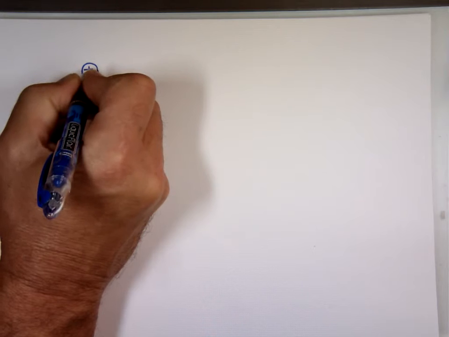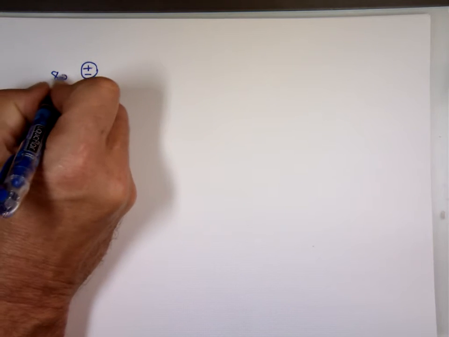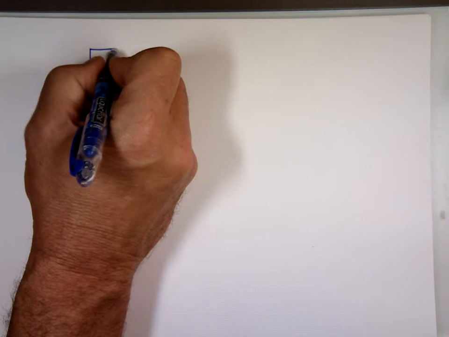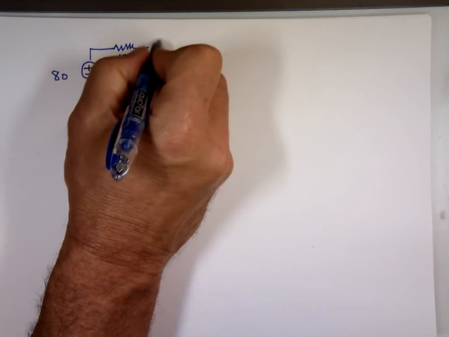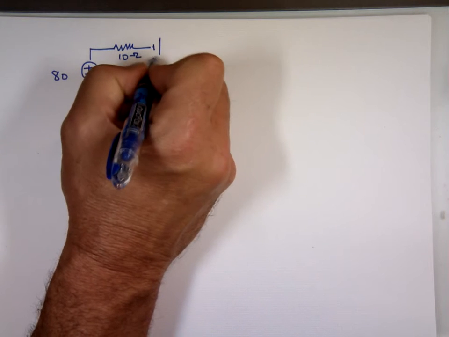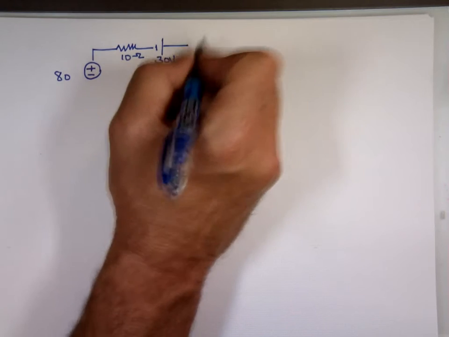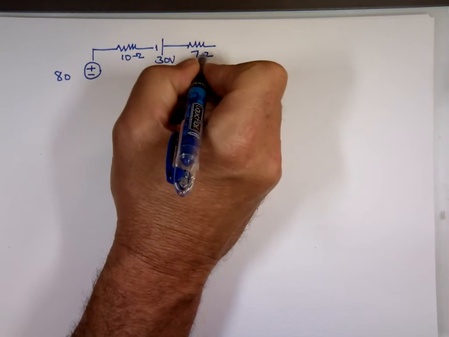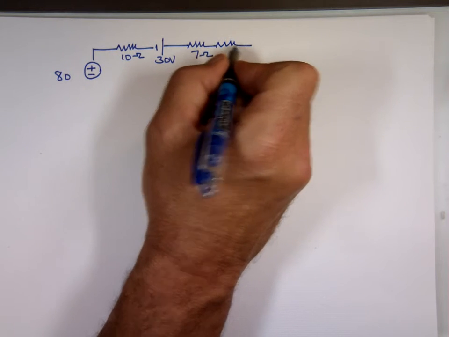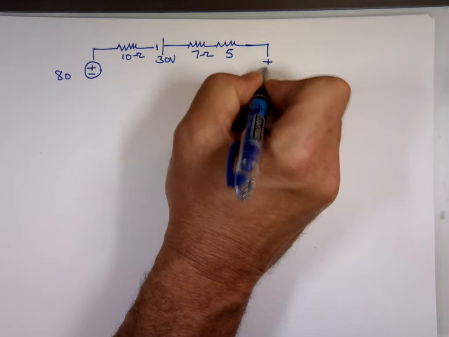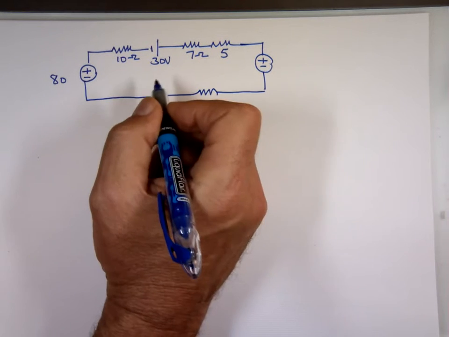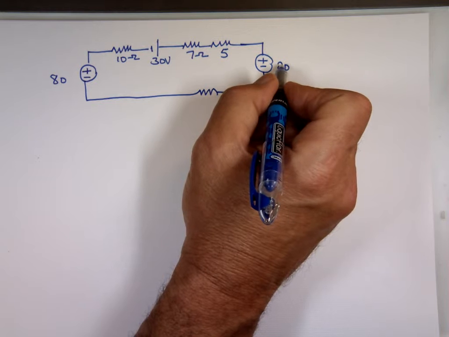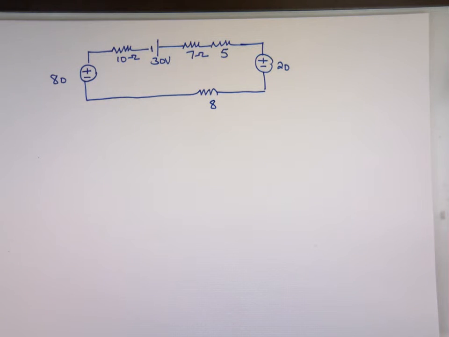If I have this circuit, which is 80 volts, and this is 10 ohms, 30 volts, 7 ohms, 5 ohms, 20 volts, and 8 ohms. And the question, what's I?